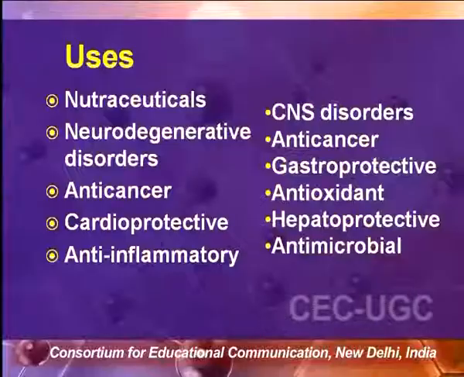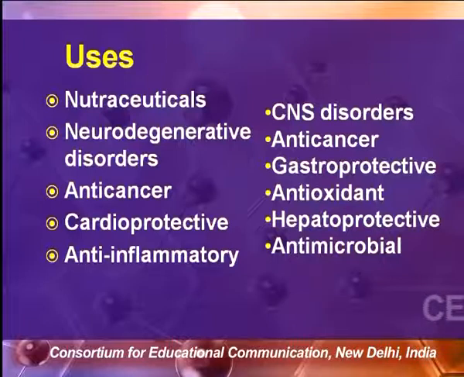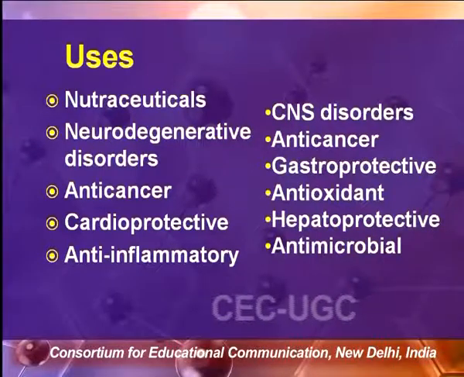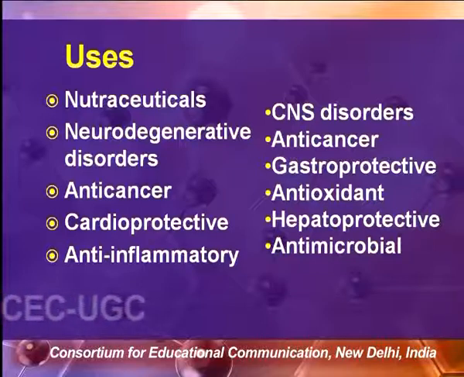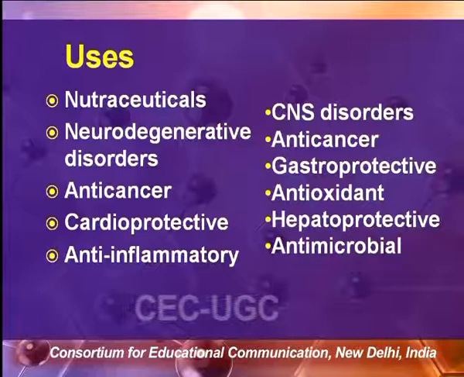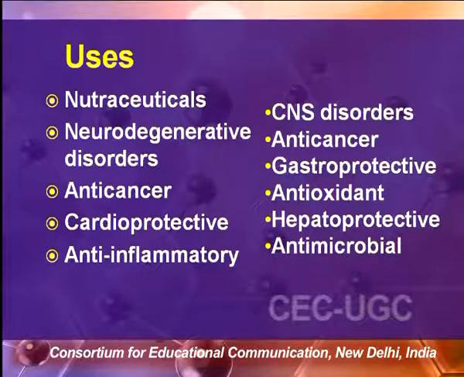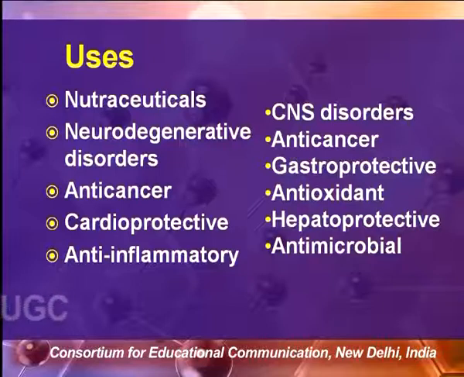Now we move on to the uses of flavonoids in the biological systems of man. As I told you, these are molecules which have a large number of hydroxyl groups on their structure, and by virtue of these hydroxyl groups, these flavonoids possess a very potent antioxidant action. This antioxidant action basically helps in quenching reactive oxygen species.